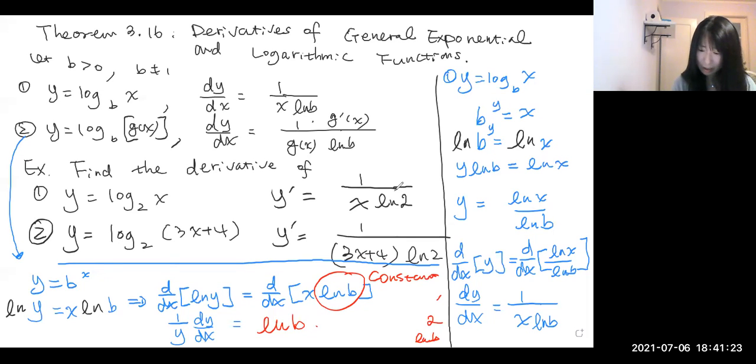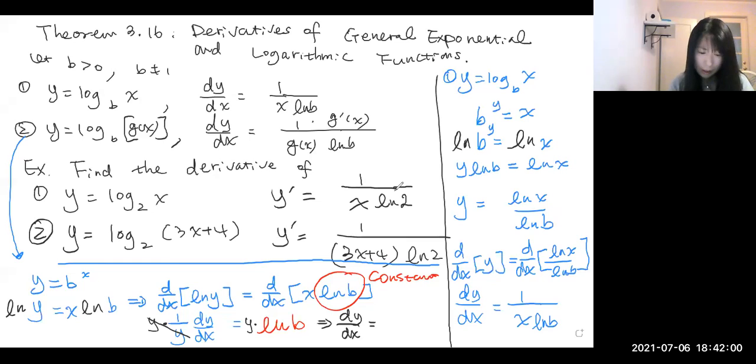So let us solve for dy over dx. Multiply by y on both sides. Let me write y in front so that we don't multiply. And that is dy over dx, which is y times ln b.